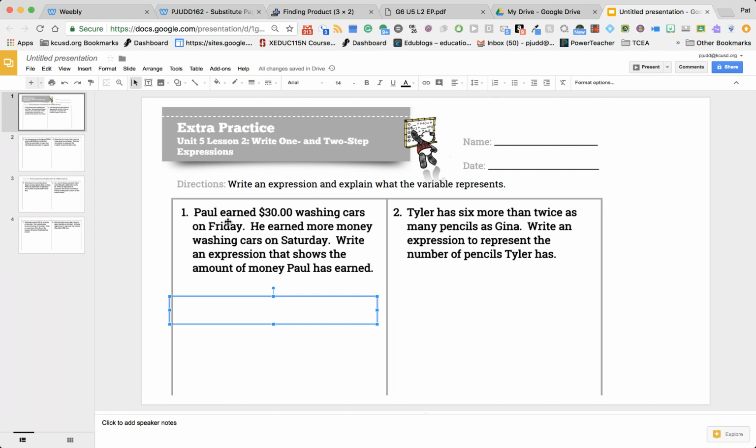Okay, so you have written down earned $30 and earned more money. That's the important information. Now we're going to translate this to algebra. Well, we know he had $30. It's a little bit larger.